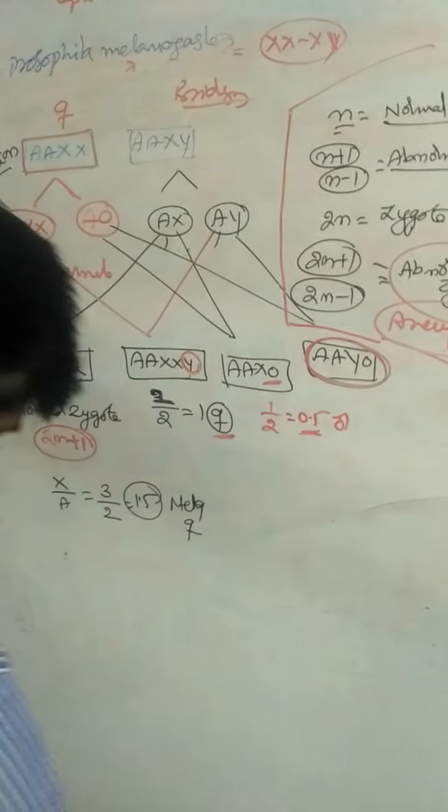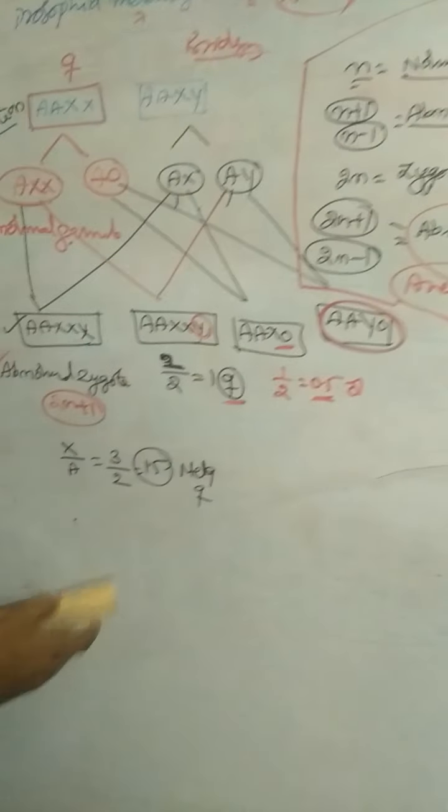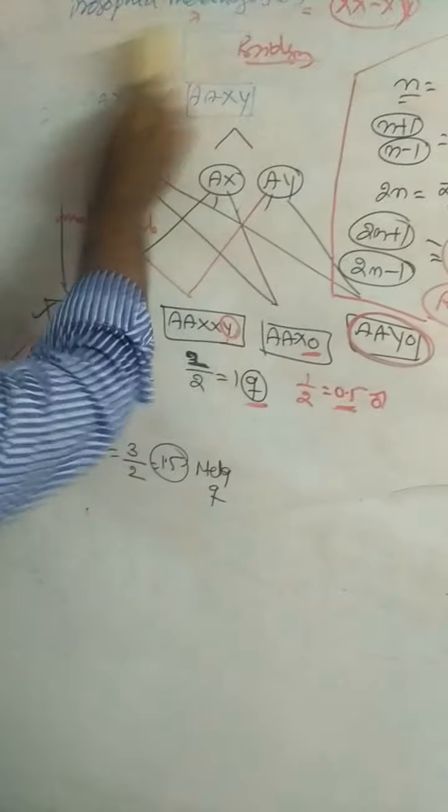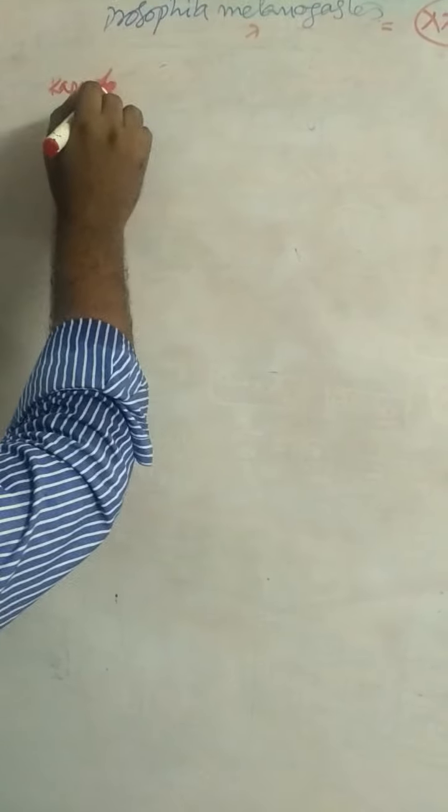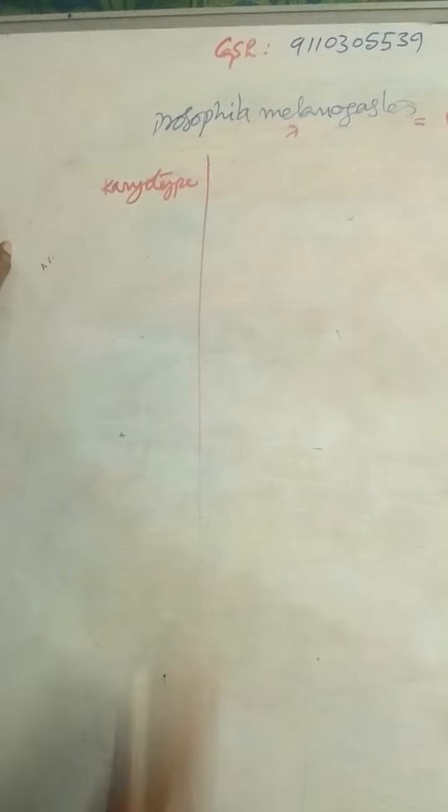From an examination point of view, there is a simple table showing the different types formed. The first column is karyotype.